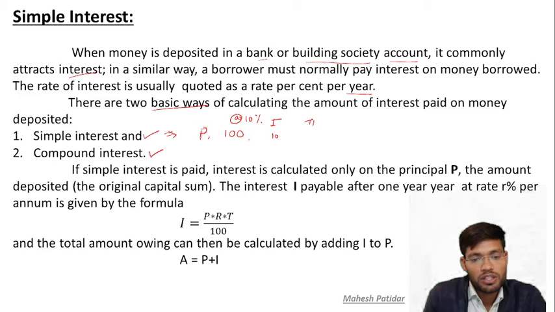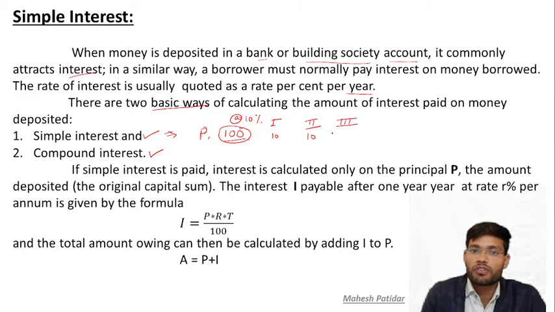In the second year again we calculate 10% interest on the basic principal, which is 100 rupees, and it also gives 10 rupees. In the third year it is also calculated on 100 rupees, which is the basic principal for us, and it will give 10 rupees again.